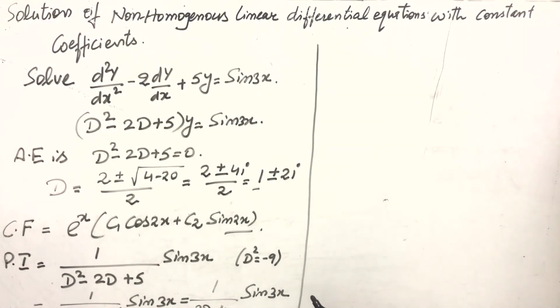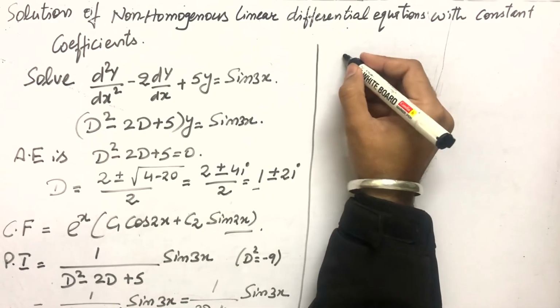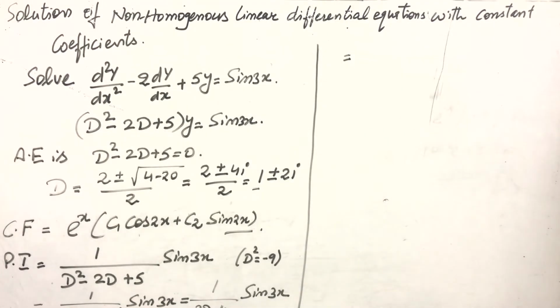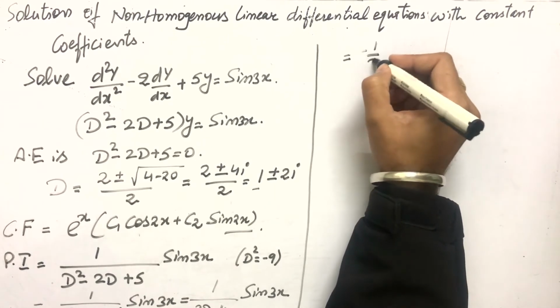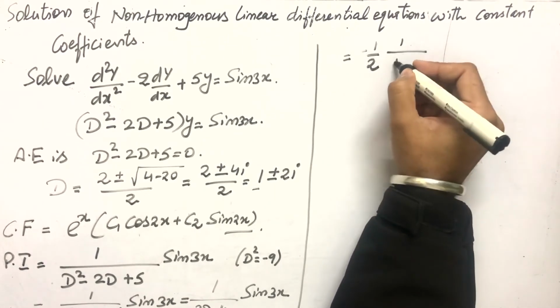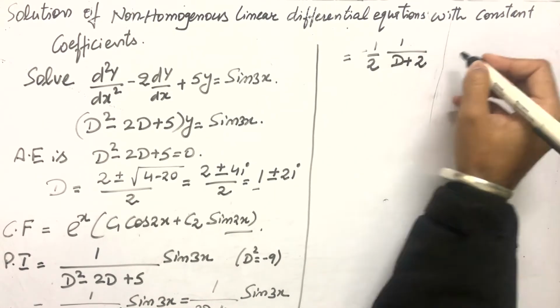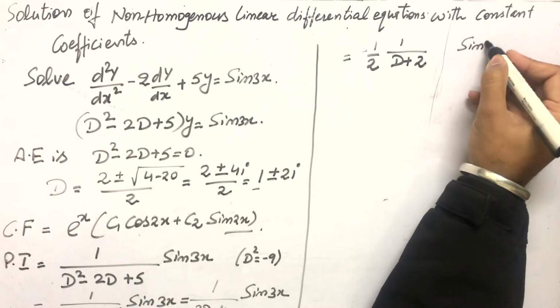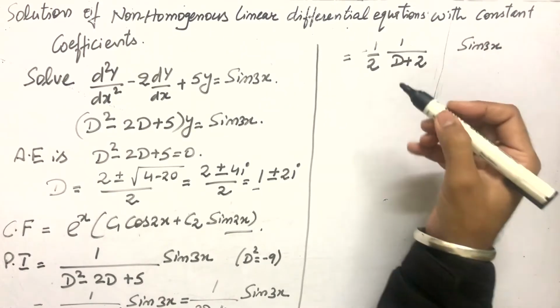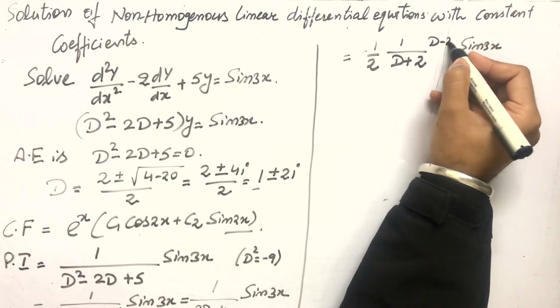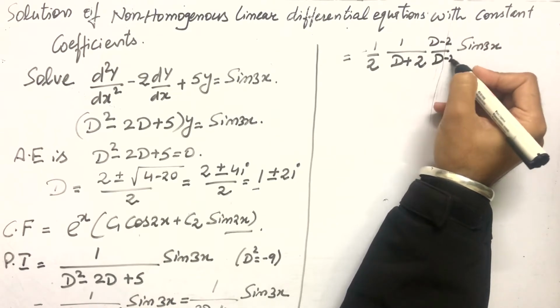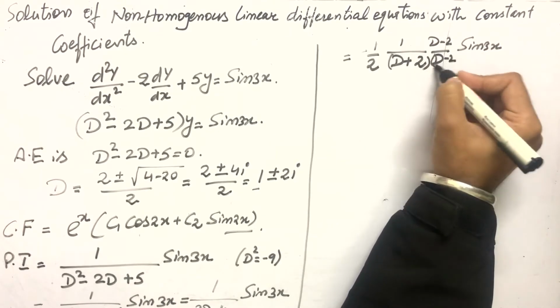And further, this simplifies to, we can easily take minus 2 common from here. So it is minus 1 by 2, 1 upon D plus 2, sine of 3x. So again, to make it a square, we multiply and divide it by D minus 2. So here you see a plus b, a minus b.